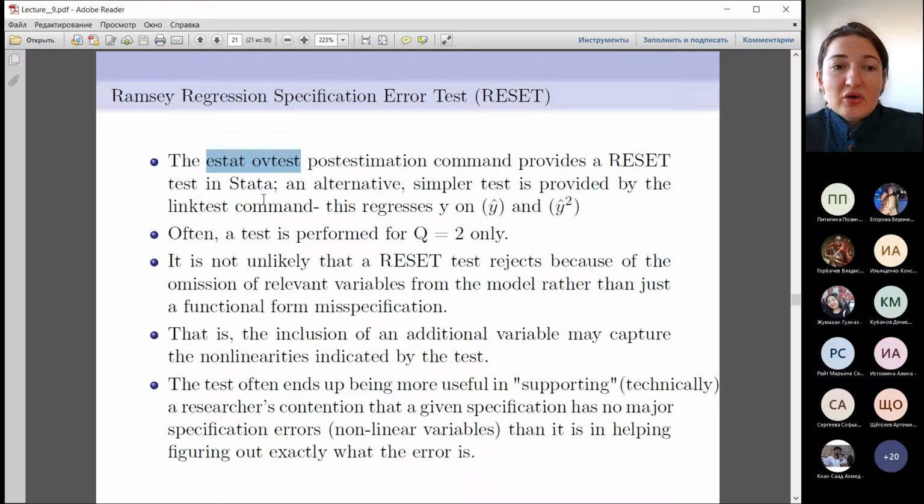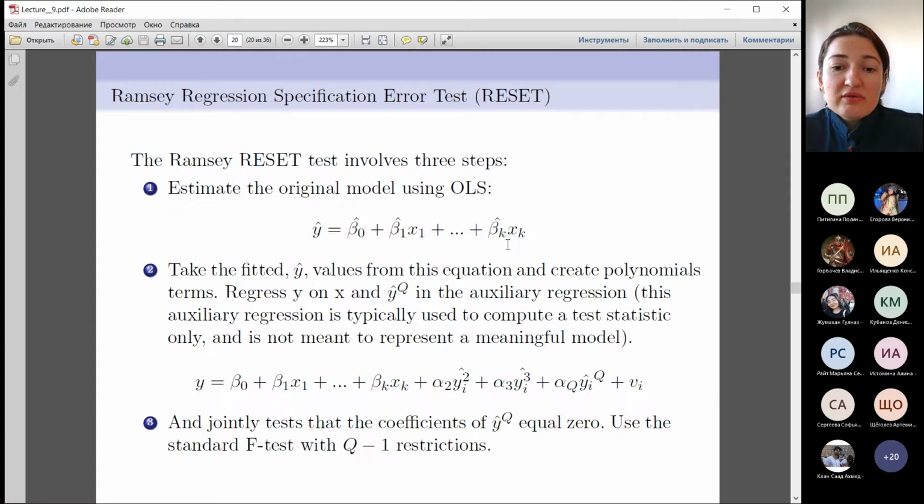But also, in most cases, you don't even need to include the cubed terms, or even higher polynomials, in your regression analysis. In most cases, it will be enough to include only the square terms.